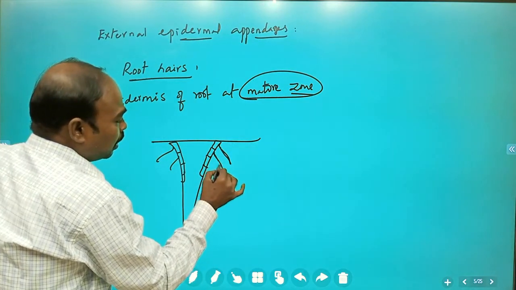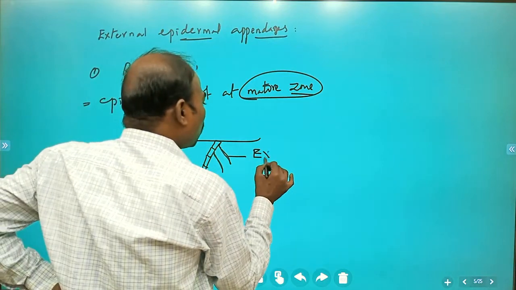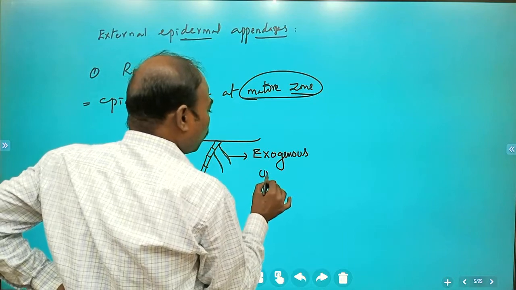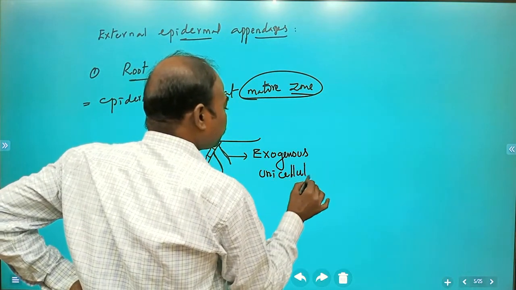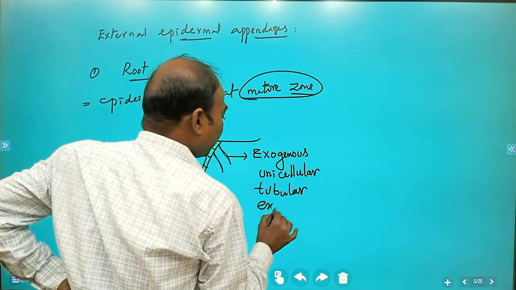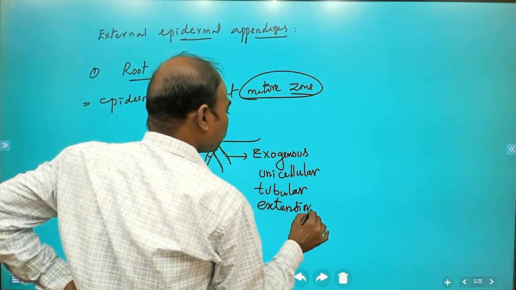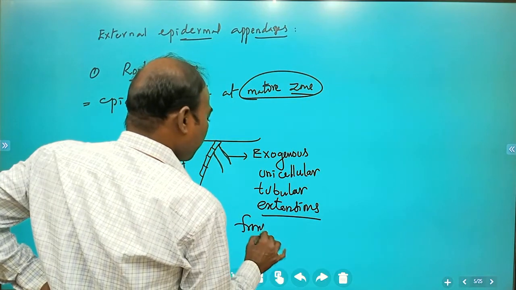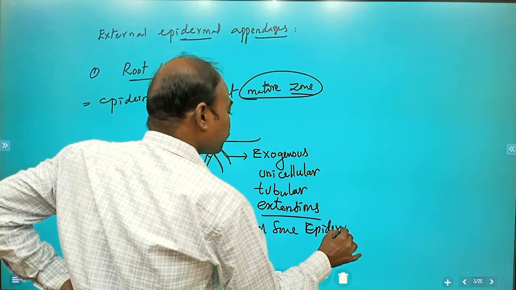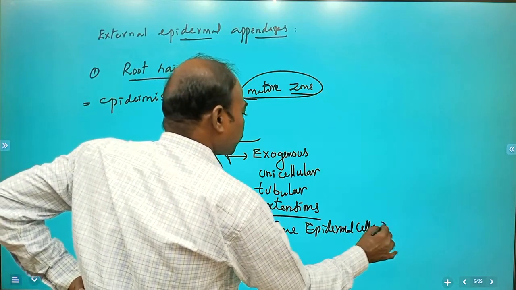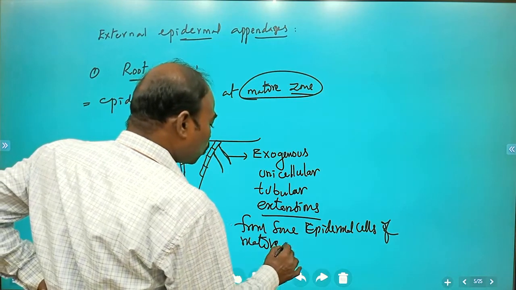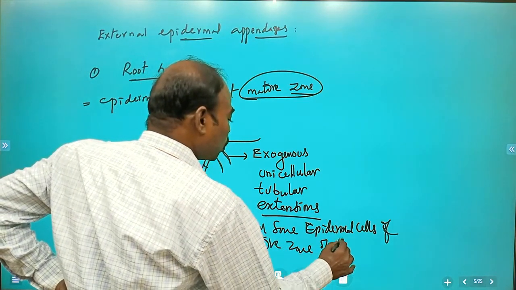These root hairs are exogenous unicellular tubular extensions from some epidermal cells of mature zone of root.